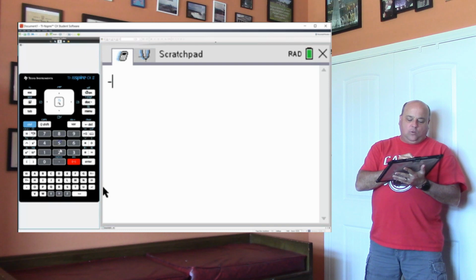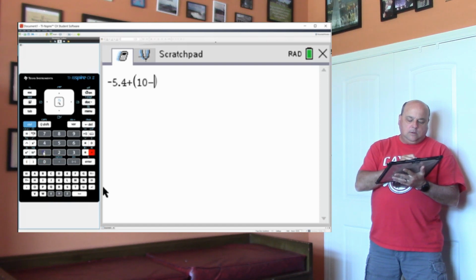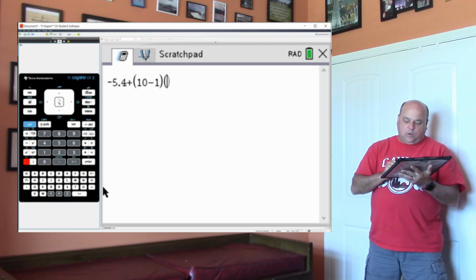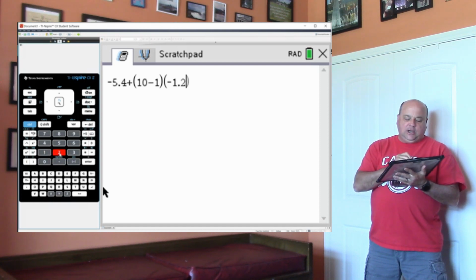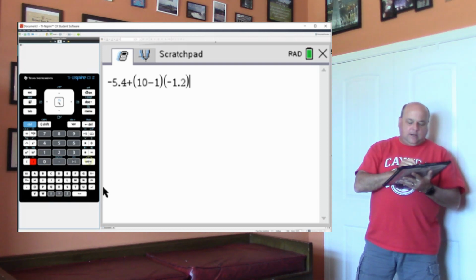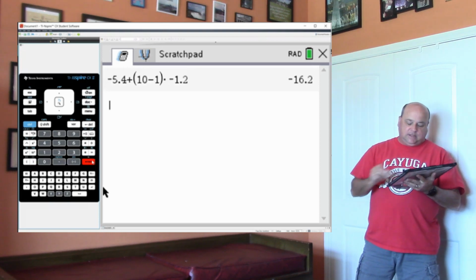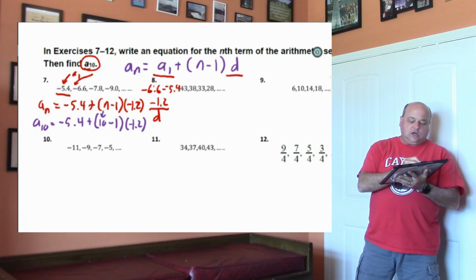So negative 5.4 plus, parentheses, 10 minus 1, close parentheses, and then parentheses, my common difference is negative 1.2. I use parentheses there because of that negative. Normally you wouldn't put the parentheses around the 1.2. Hit enter, and bing, my 10th term would be negative 16 2/10. That's all you have to do. So my 10th term is negative 16 2/10.